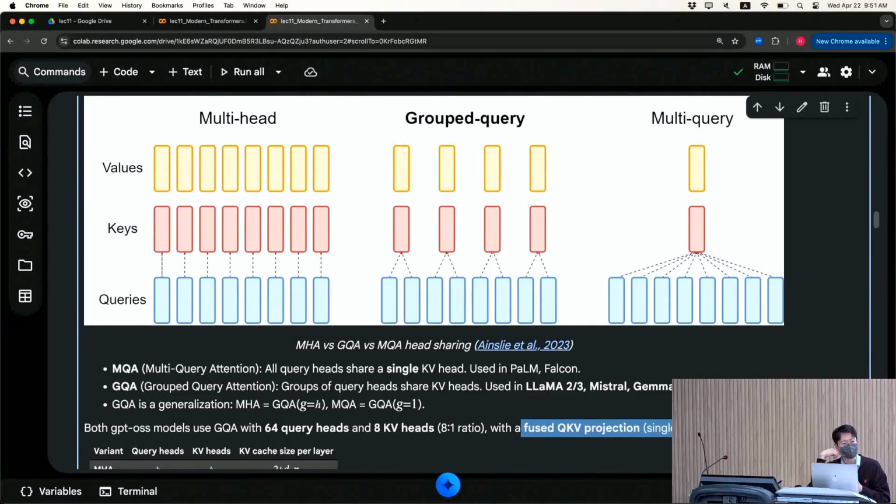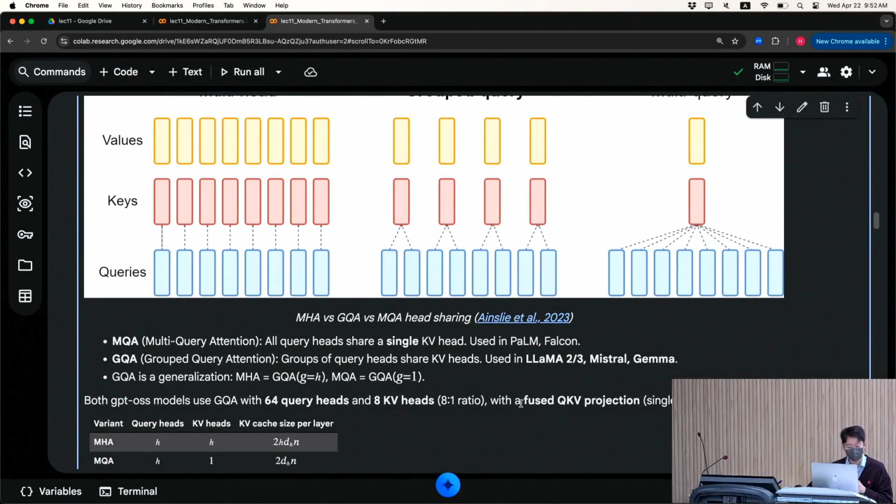In some of the layers, it might be faster to do fused, and in some other layers, it might be faster to do separate projections. So there are combinatorially many different possibilities for what's optimal. But here, they just apply fused projection for all layers. To be precise, this is not optimal.